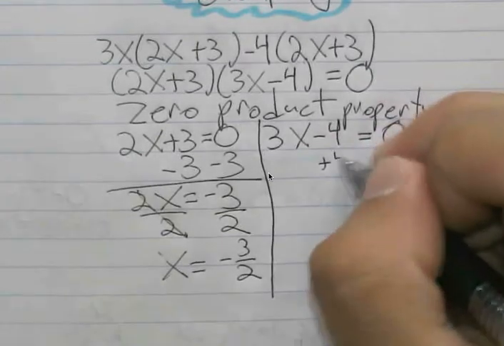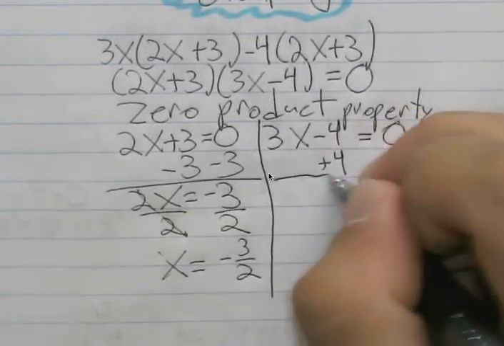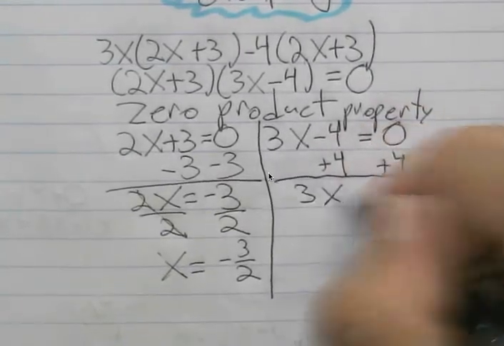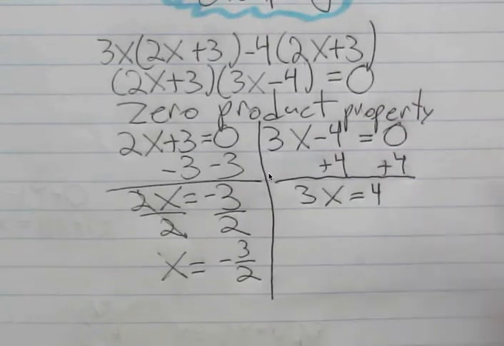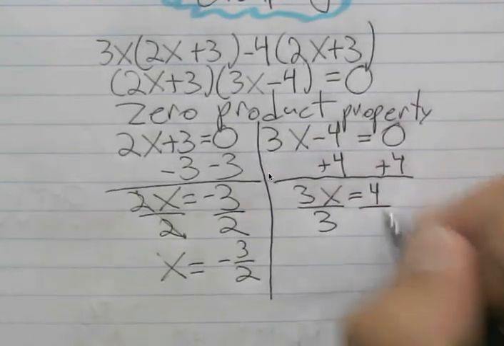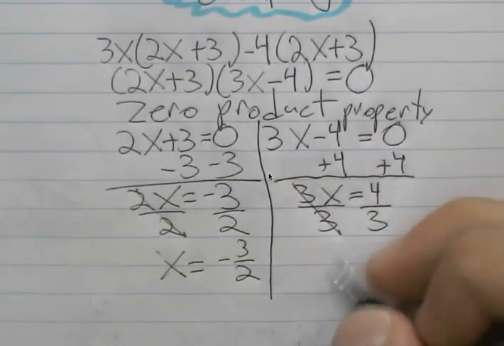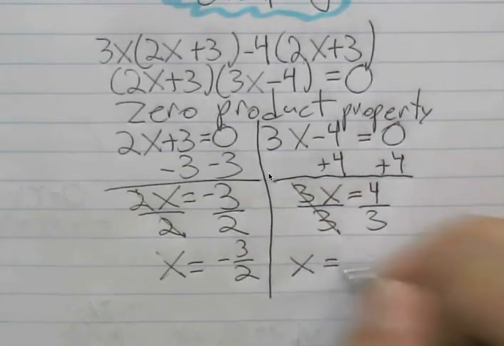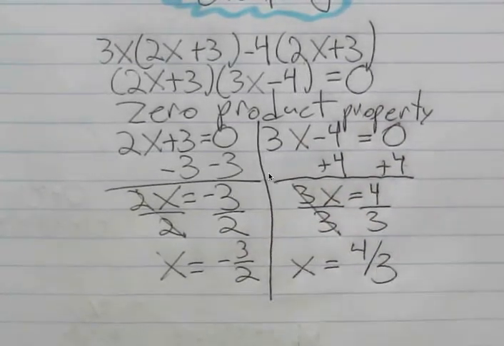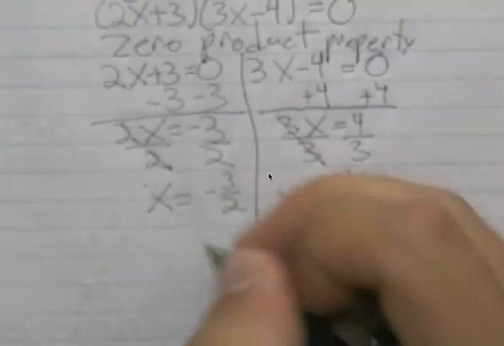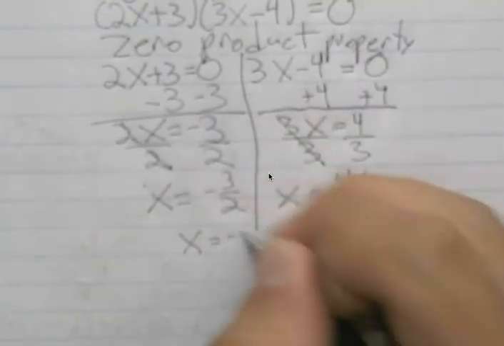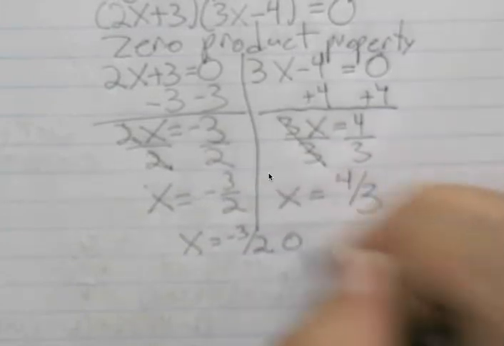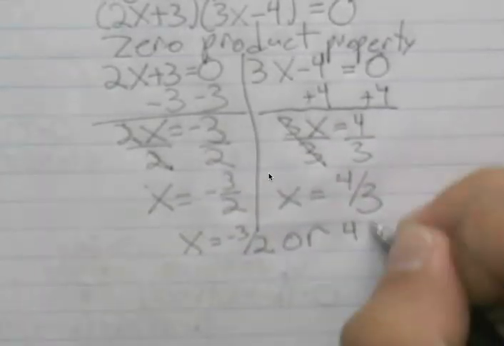If we solve this, we're left with 3x equals 4 after adding 4 to both sides, dividing by 3, the 3s cancel, and we also get that x equals 4/3. So for our final answer, we would say that x equals negative 3 halves or 4/3.